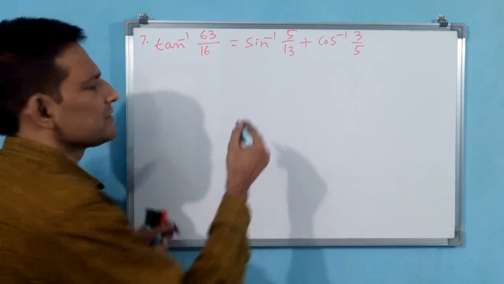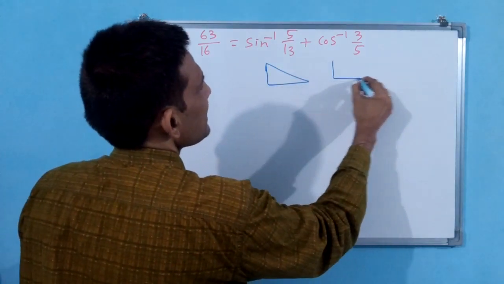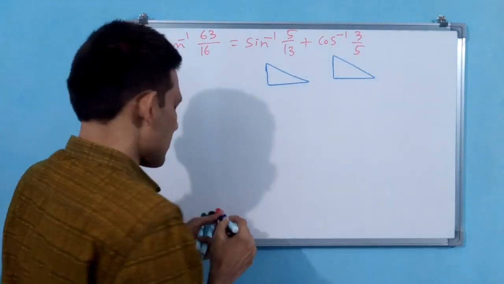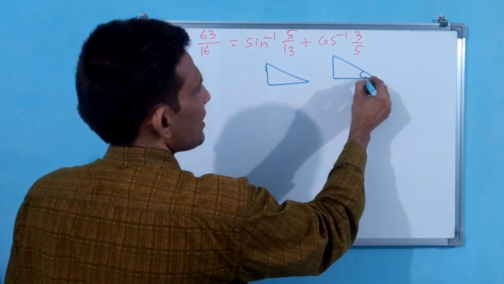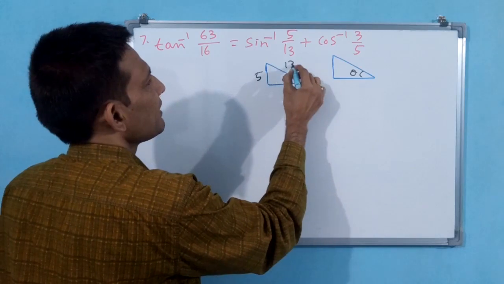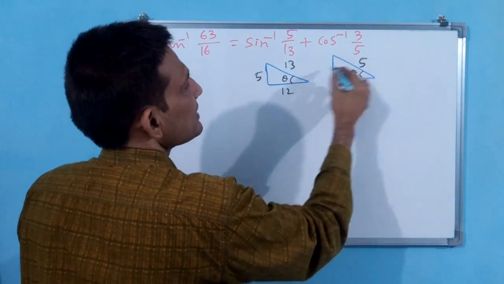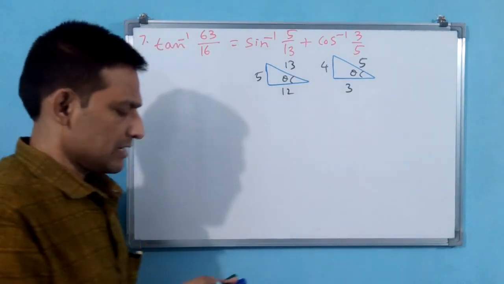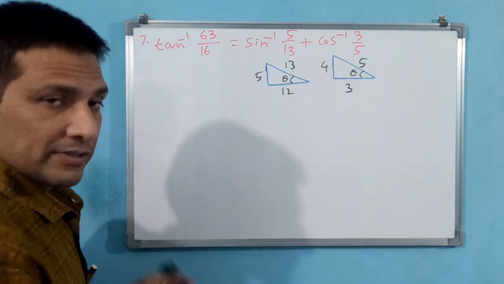Okay, let us write this right angle triangle again. Directly if you write, the examiner may not give marks to you. If you write this right angle triangle, the examiner is going to give marks. Sin means 5 13, here 12. Cos means 3 5, here 4. Okay. Now you convert into tan.